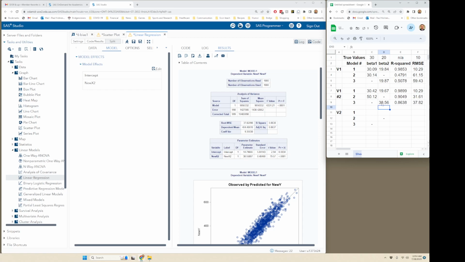And our beta 2, our parameter estimate for new x2, is at 38.56. So what's happening here is that when we leave out x1 or x2, the other variable tries to substitute, in effect, for that variable that's missing. And so that substitution has two effects. One, it makes the prediction better than it was when the variables were uncorrelated, and hence that substitution was impossible.